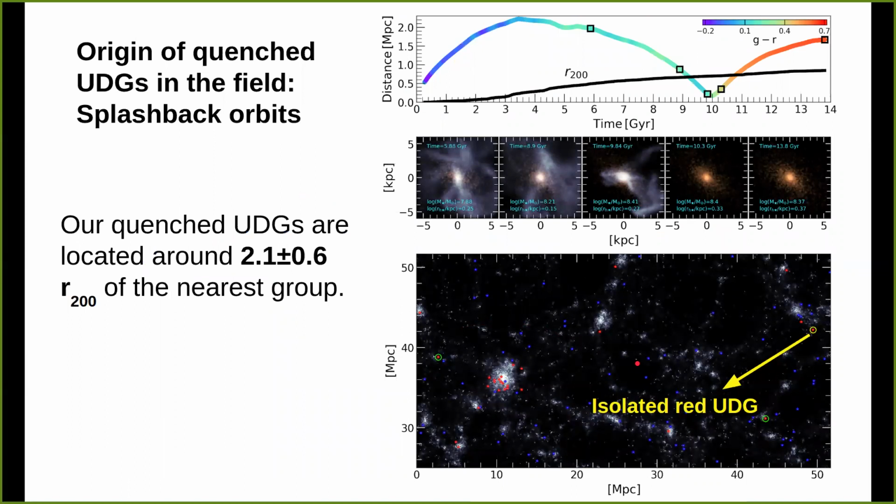In general, our sample of splashback UDGs are located around 2 times the virial radius of the nearest halo. And in the bottom panel, we highlighted the location of one of the isolated UDGs.